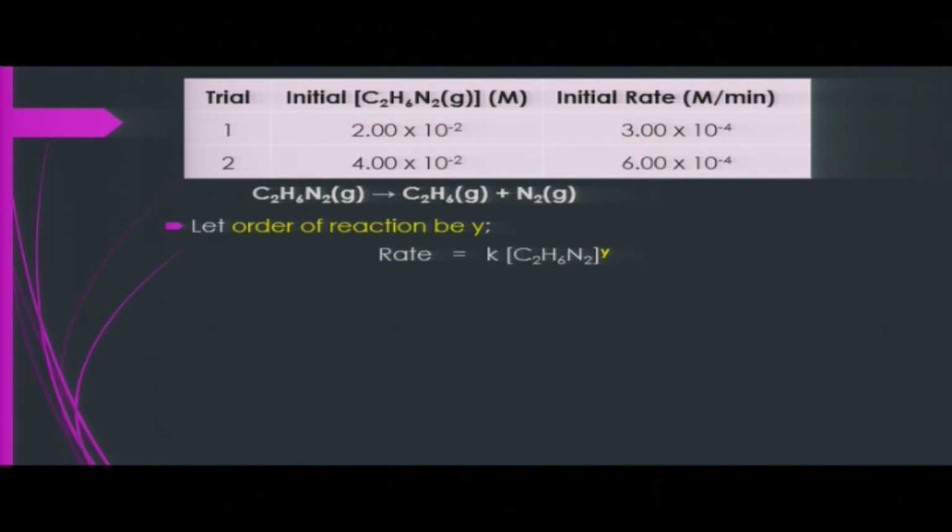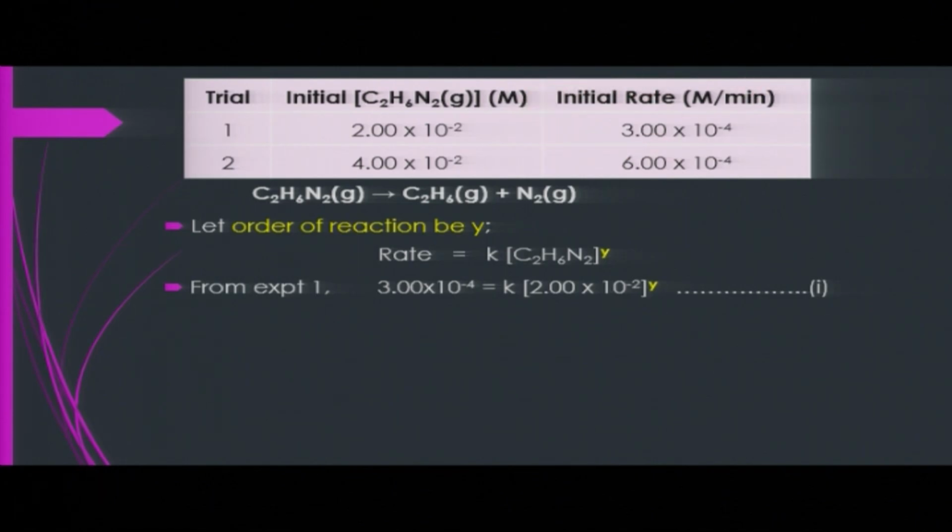The second step is, can we substitute the values we have for rate and concentration to get Y? Yes. So using experiment 1, we have rate here, we have concentration. K is a constant, and since this is at the same temperature, it will apply to all the experimental values.